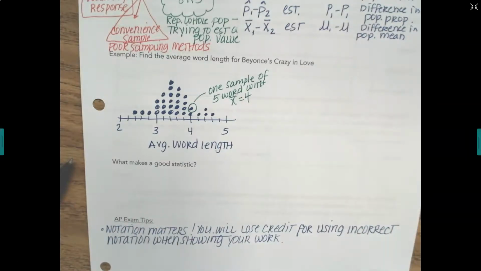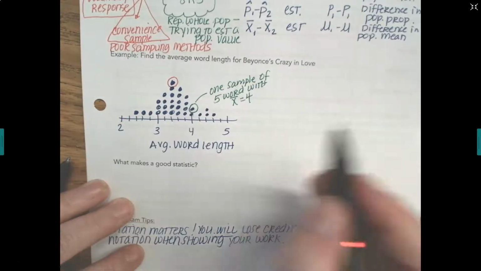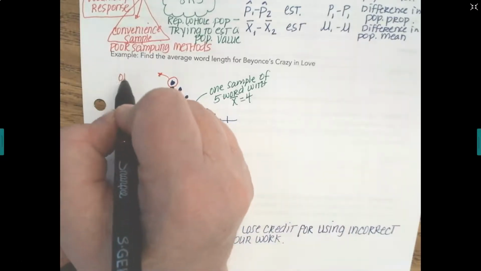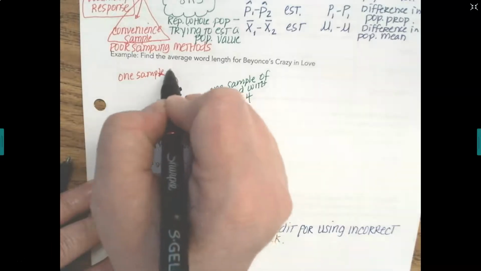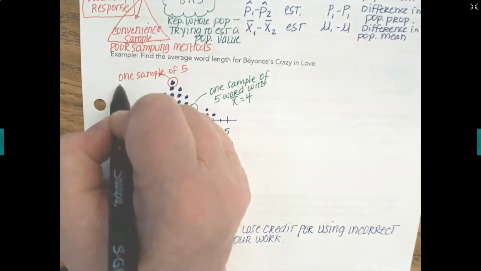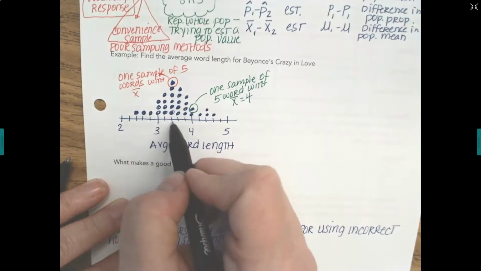Then I would ask, what does that dot represent? That dot is a different sample of 5, so it's one sample of 5 words with an average of, this is 3.2, 3.4.